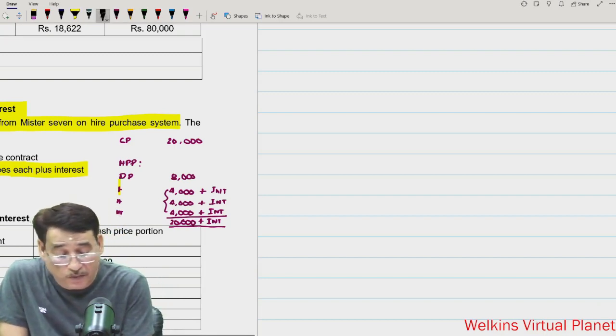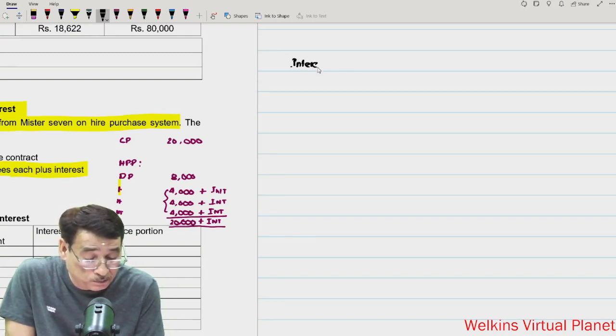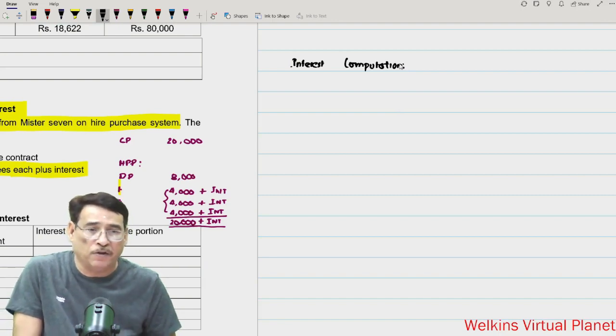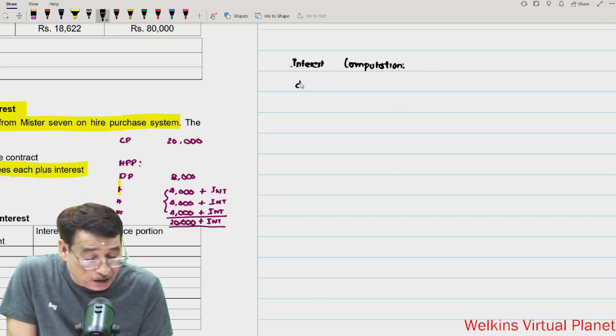See here. Suppose in this question, I am going to compute the interest. So how am I going to compute the interest? Pay attention. I told you just a moment ago, when you are going to compute the interest, you can write details or particulars.